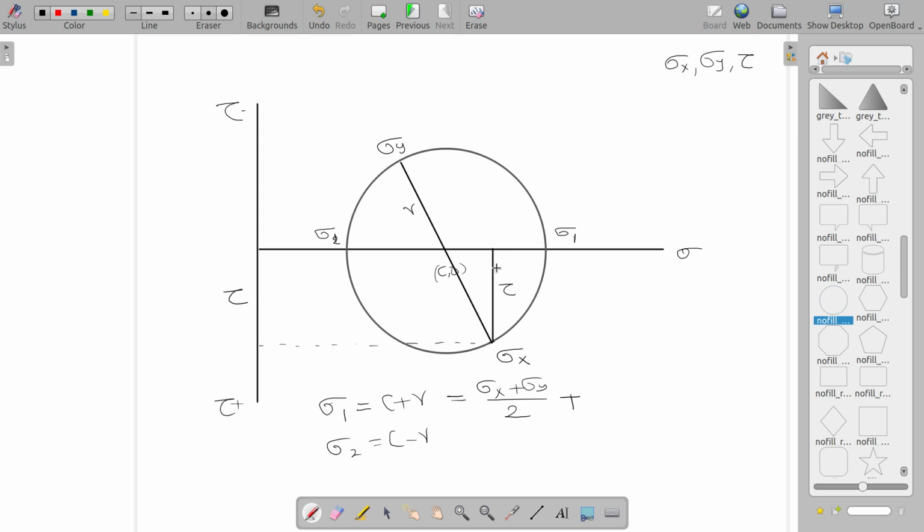That will be this minus this, right? Sigma x minus sigma x plus sigma y by 2.